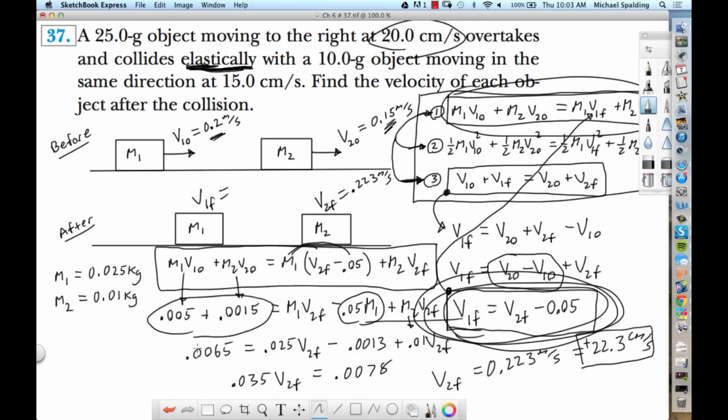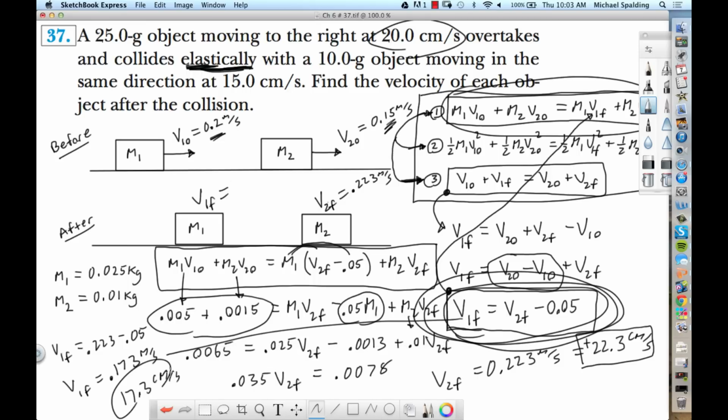So V1 final is going to be V2 final, which is 0.223 meter per second, minus 0.05, which gives V1 final as 0.173 meter per second, which is 17.3 centimeters per second. So this is 0.173 meter per second, positive, meaning to the right.